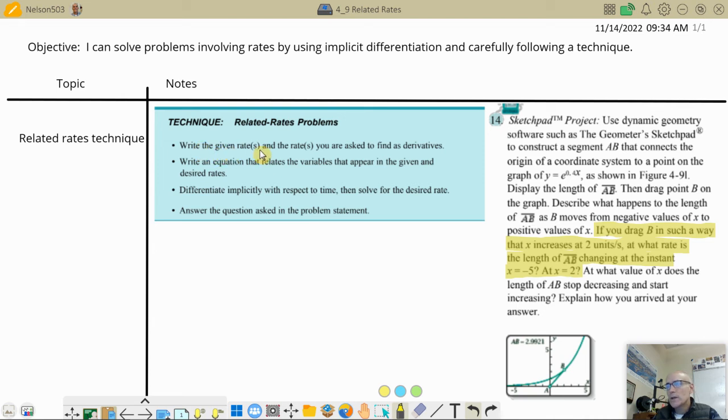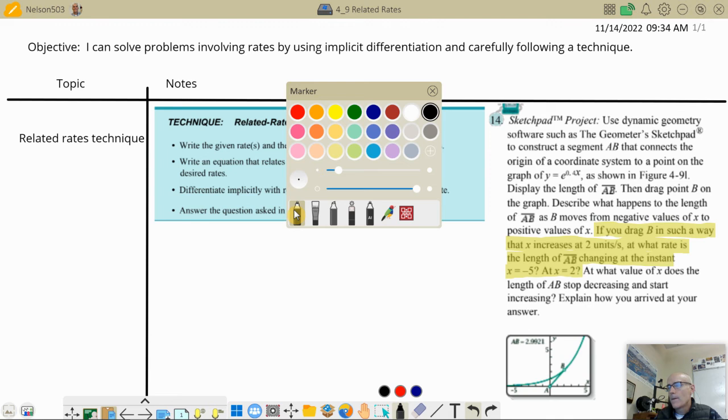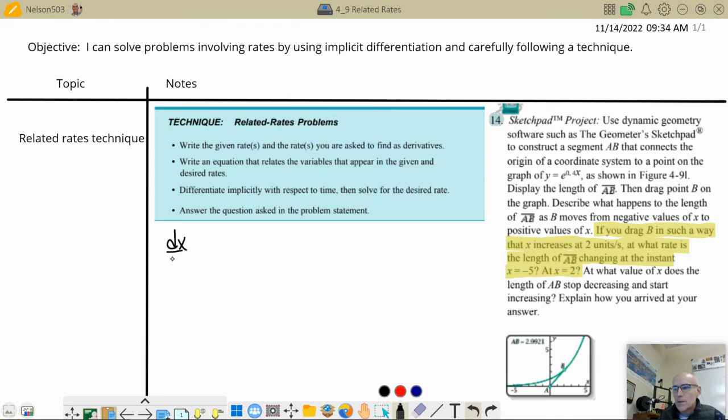So write the given rates and the rate you're asked to find as derivatives. It tells me that x is increasing at 2 units per second. So 2 is equal to dx/dt. So dx/dt is equal to 2 units per second, okay? The given rate, there's only one piece of given information, and that's that dx/dt is 2 units per second.